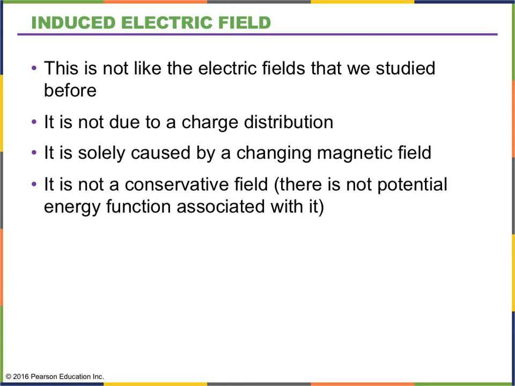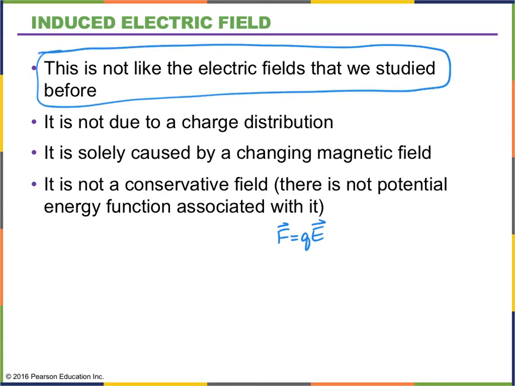The other thing to know is that it's not a conservative field. If you remember, we talked about how the electric force, F equals QE, was a conservative force, and there's a potential energy associated with electric charges, but that's not what we're talking about here. Again, it's really important that we remember that this induced electric field is different and new.